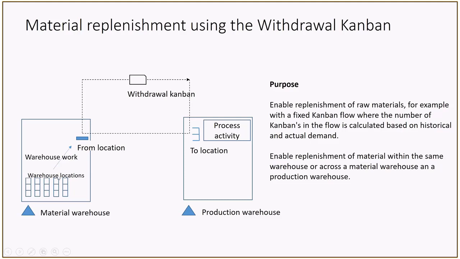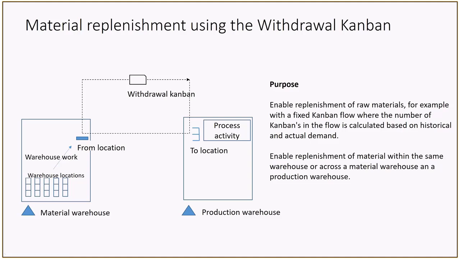So in this scenario, it's the same warehouse worker that picks from the warehouse location on 51 and brings it directly to the production input location on 61. If I do not set up the Kanban to complete automatically, then I have to complete the Kanban in the Kanban board.